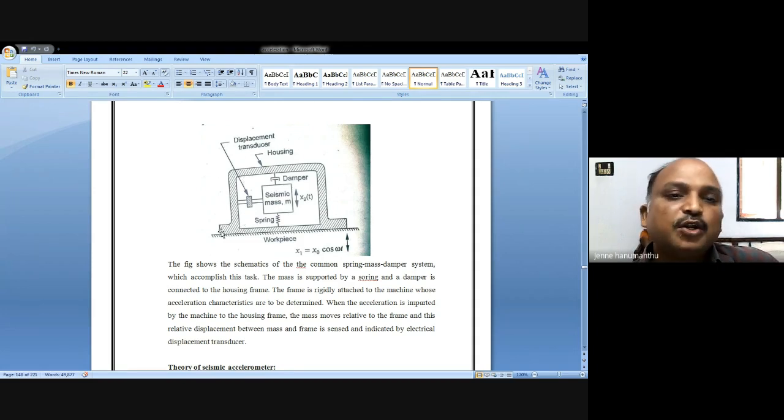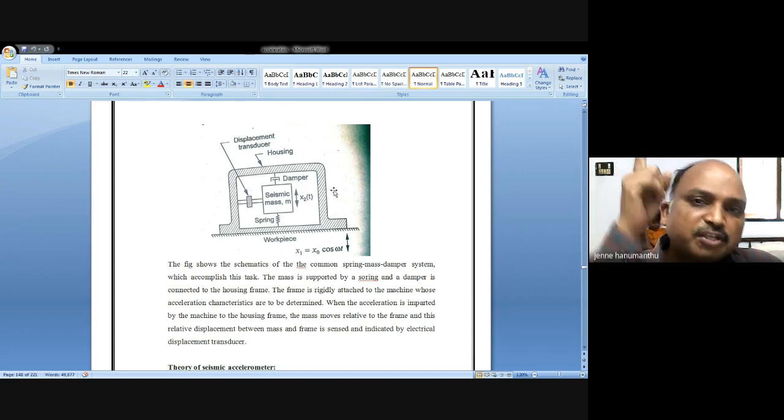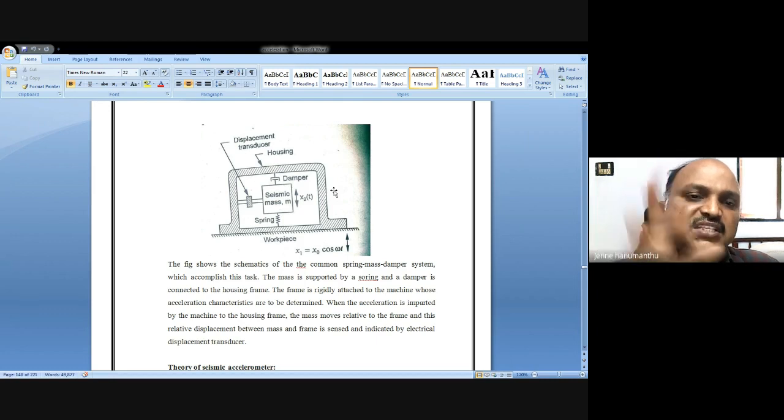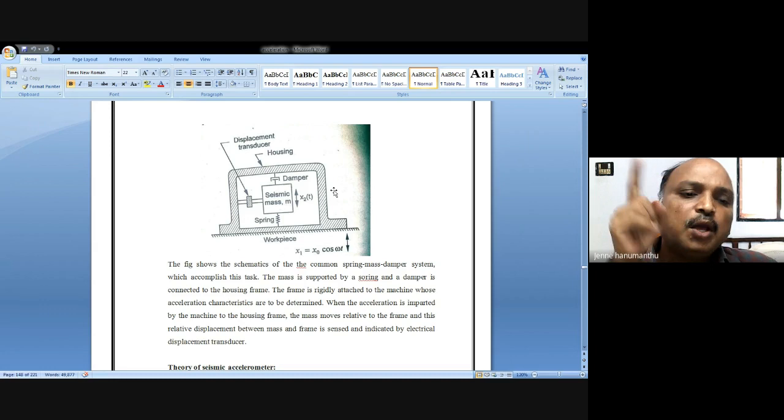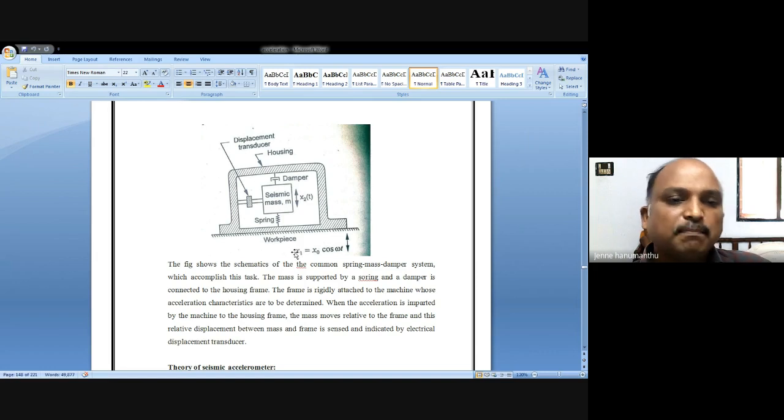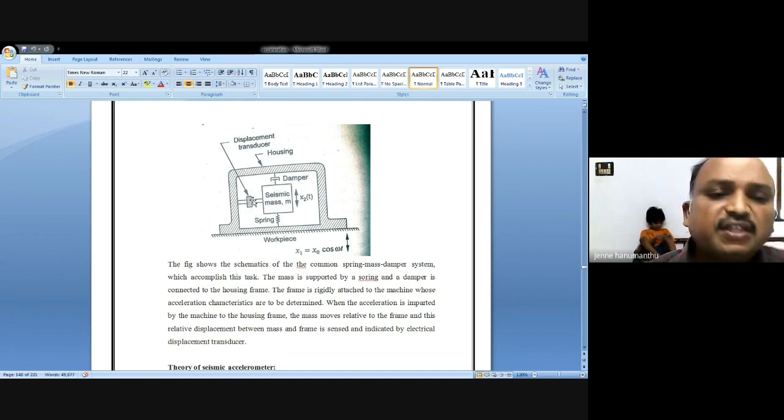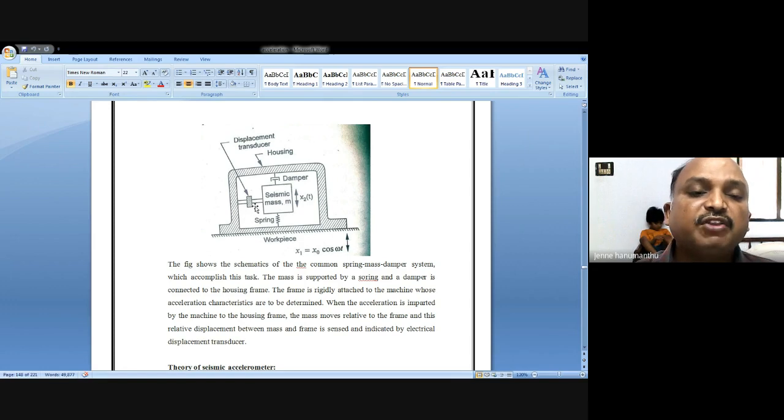It is also called the potentiometric type. Remember, in the syllabus he is mentioning potentiometric, but here there is the word seismic. Seismic and potentiometric are the same. So for displacement, here we have to provide a potentiometer with a wiper.